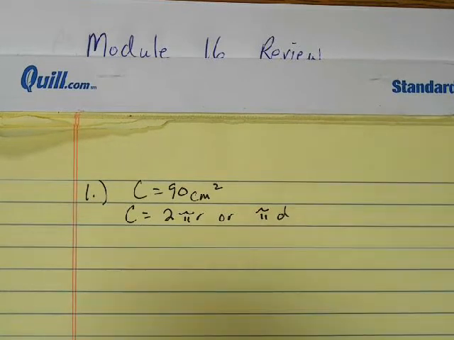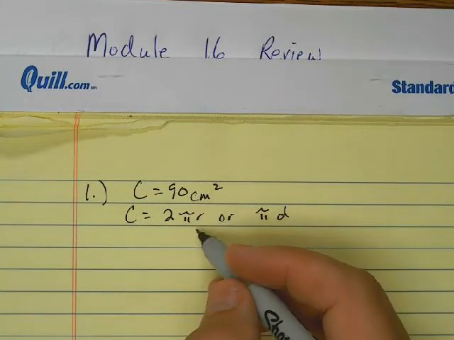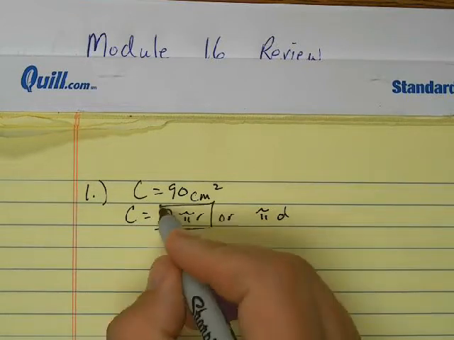Make sure you have those memorized, because for the quiz, those won't be up there. I'll have those erased. You need to know the circumference formula, and you'll need to know the area formula. Then we asked for the radius, so let's use this one since that's the one we asked for.